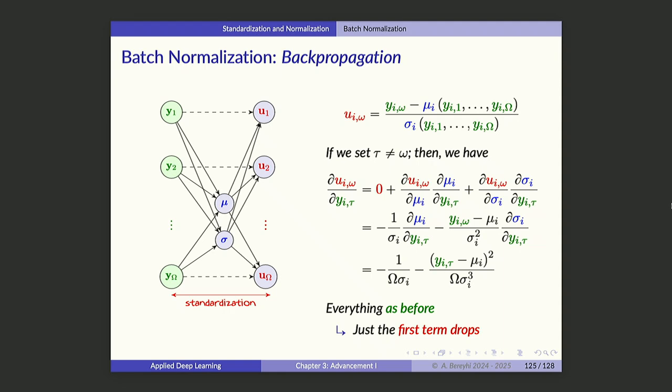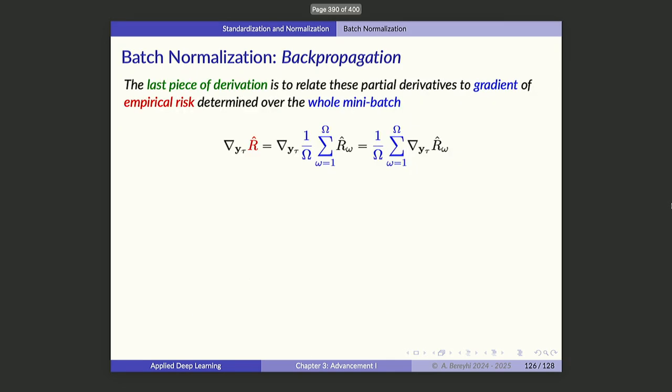And now, since you know the derivative of every single u with respect to all possible y's, you are done. You know how to move backward from u to y. So you collect them inside this mini batch average, and if I want to compute the derivative of my r hat with respect to any of the y's in my mini batch, I just do this calculation over every one of those cross derivatives.